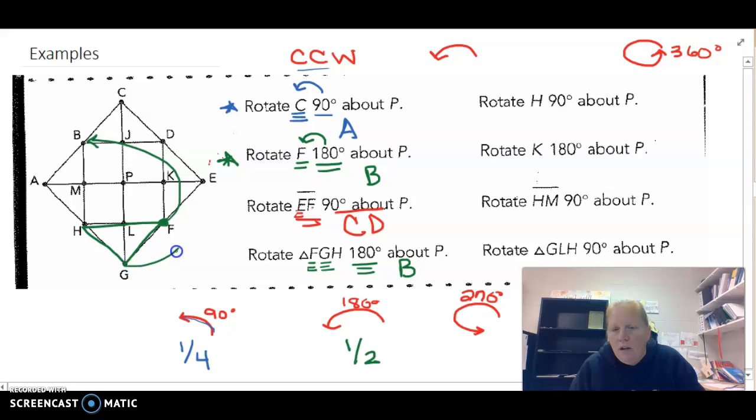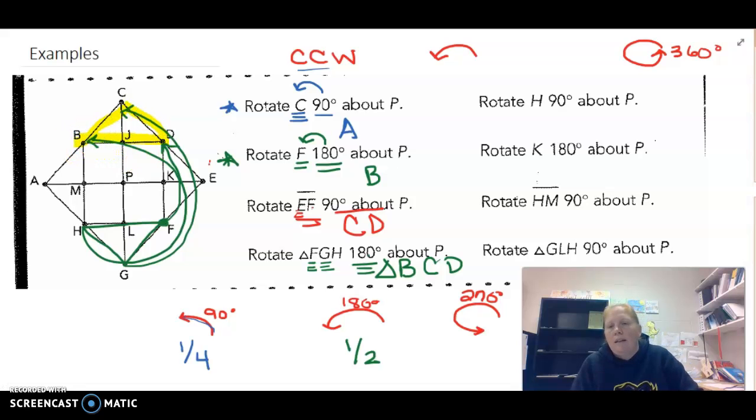So G going 180 degrees, I'd go to point C. And then H going 180 degrees, I'd get to D. So I would have triangle BCD. So that triangle right there.